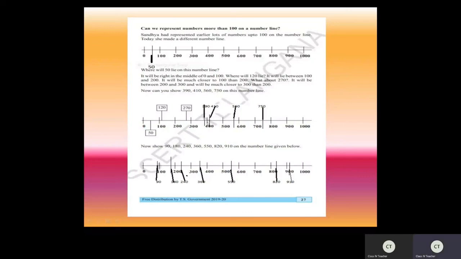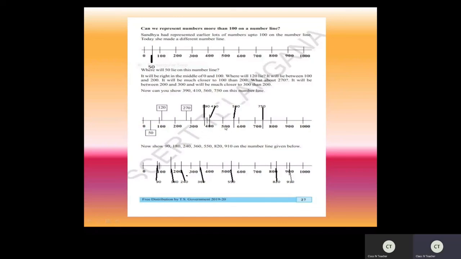The next representation is for 390. Okay, so 390 lies in between 300 and 400, and as you know, it will be nearest to 400. It is very close to 400. Okay, then next is 410. 410 lies in between 400 and 500, and it will be nearest to 400. Nearest round off to hundreds is 400.